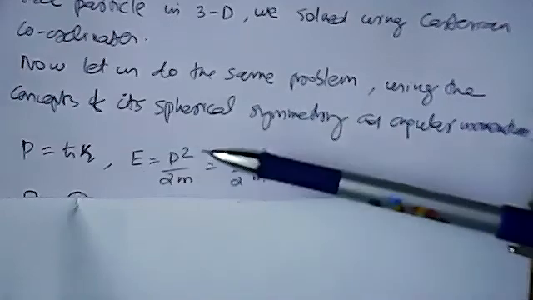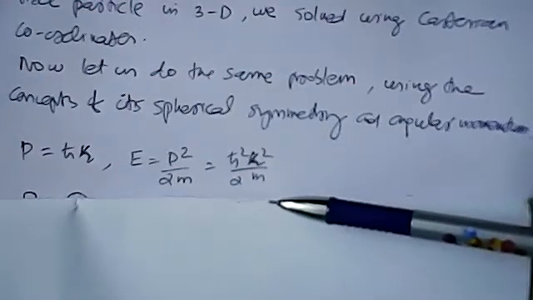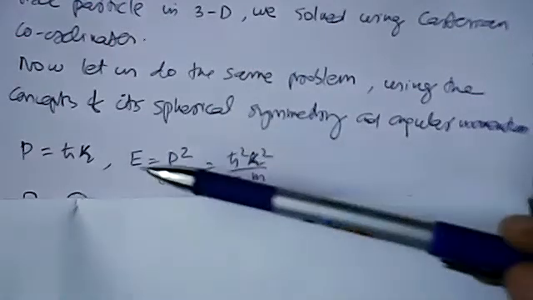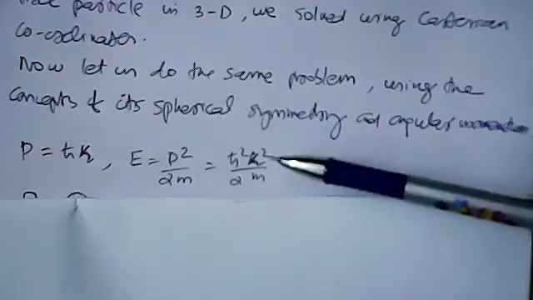So E can be taken as p square by 2m. So p square you can take as h cross square k square by 2m. Okay. So E, the total energy or kinetic energy, is h cross square k square by 2m.